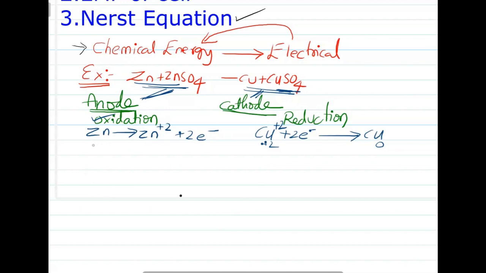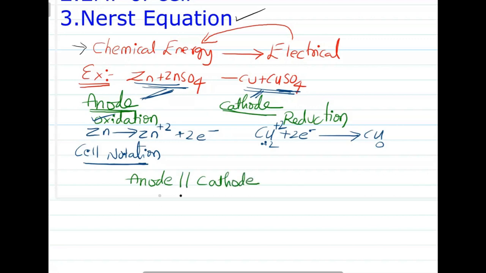Next, how to write a cell notation, how to represent a cell, which is most important. When you are representing any cell, first you should represent the anode, followed by two vertical lines, then followed by the cathode.